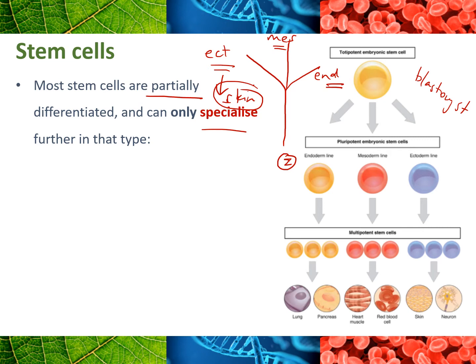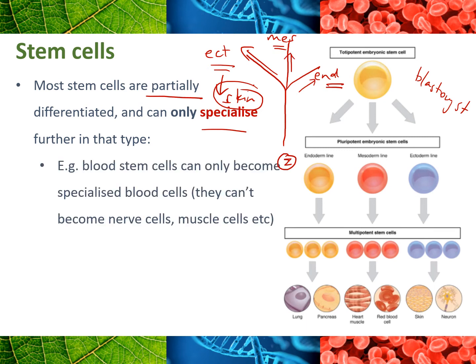Okay, it can only keep specializing in that particular area. Okay, so another example, blood stem cells can only become blood cells. They can't then become nerve cells or muscle cells because they've already started to become too specialized in that area.